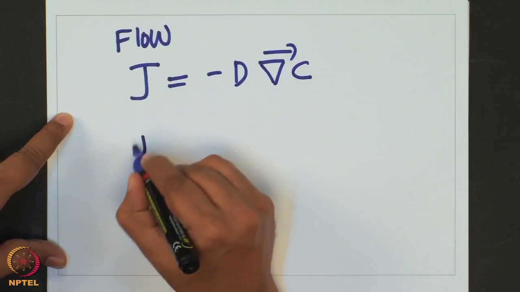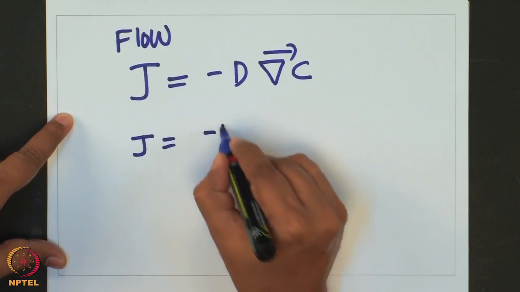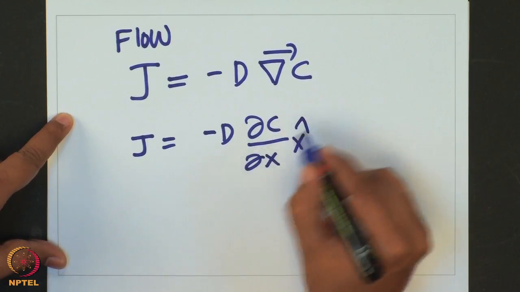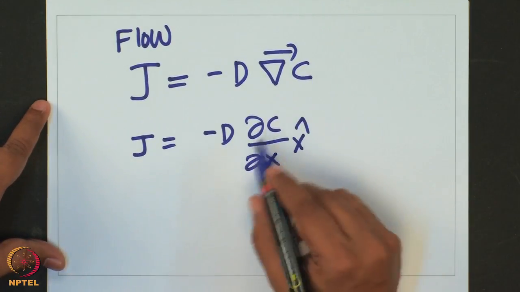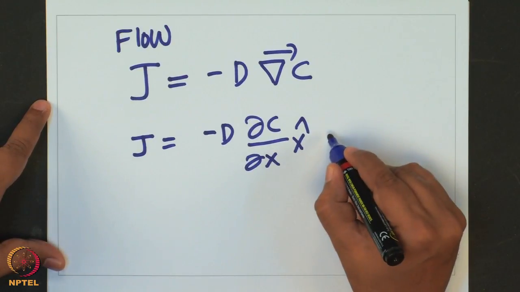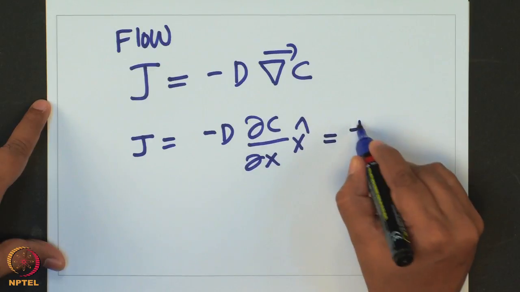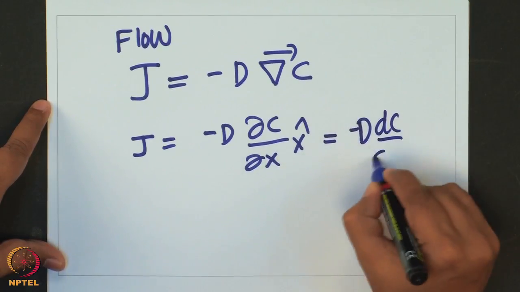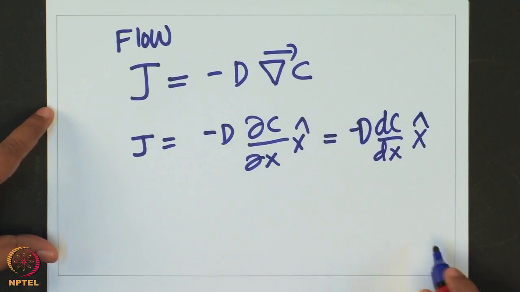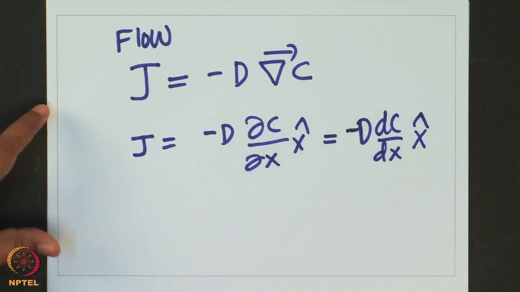In one dimension, this would mean that it is equal to minus D del c by del x x cap. I could also write this as minus D dc by dx x cap, since I have only x here. This is something that we learned.